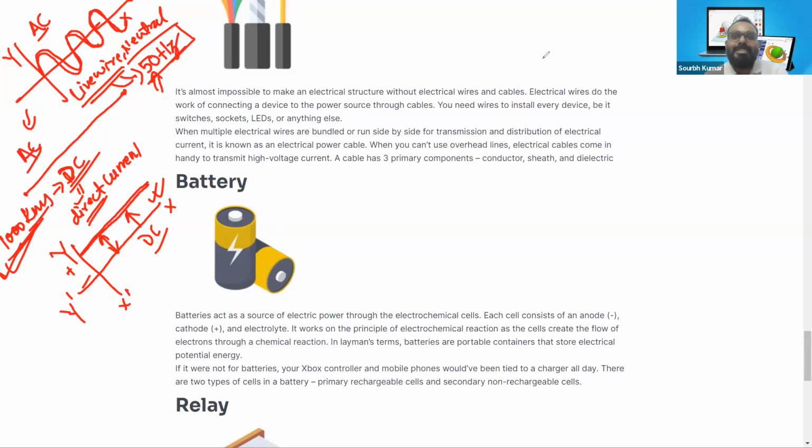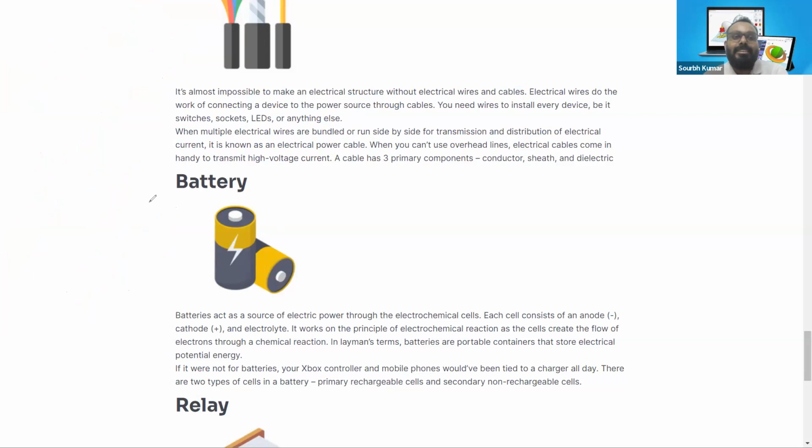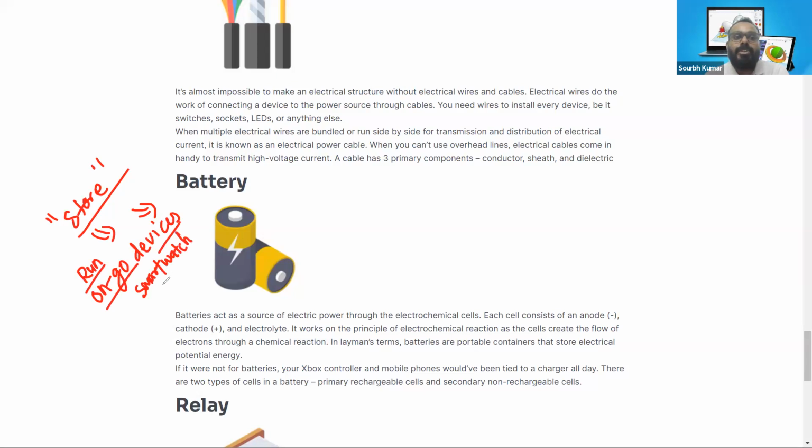We won't discuss that in much detail. The battery is important to store energy for later use. That is the main reason we have batteries. We also utilize batteries for devices which we cannot keep charging, on-the-go devices or e-gadgets like the smartwatch and mobile phone, and so many devices which require power, and throughout the journey we cannot charge them again because we will not have access to a conventional power source.